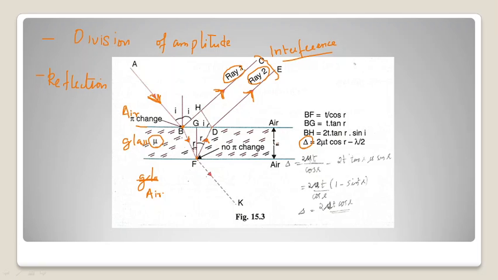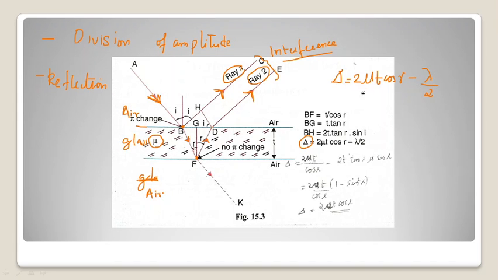So we would not be deriving this equation, but simply remember that in such a case of interference by division of amplitude from a thin film, we have the equation for delta to be equal to 2 mu t cos r minus lambda by 2.